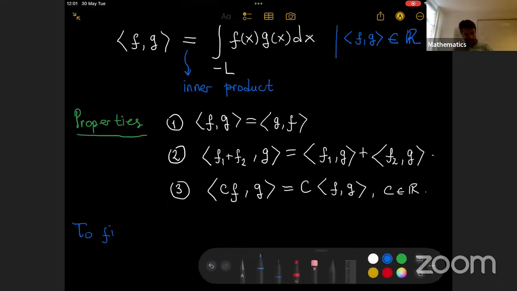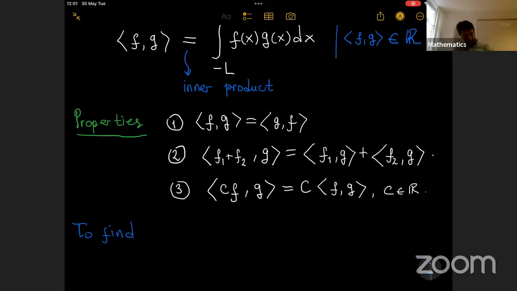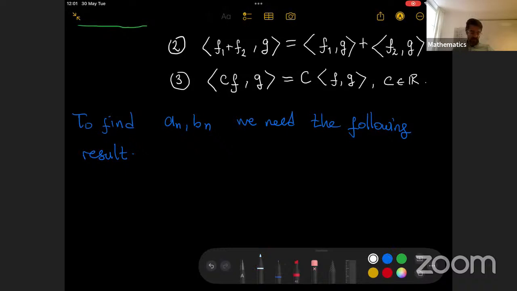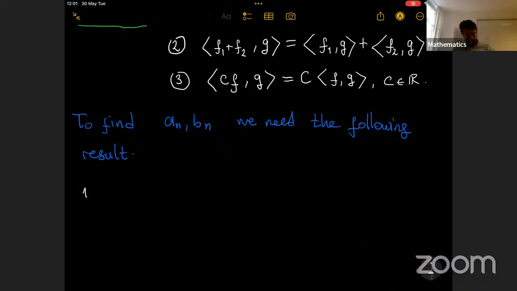Let's talk about this. To find an, bn, we need the following result. It's a direct computation. One result, let's say one.